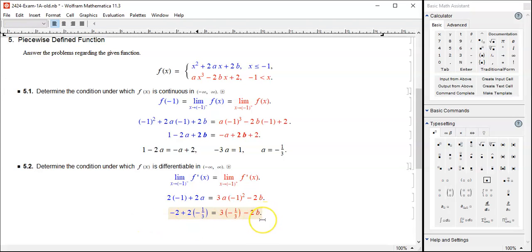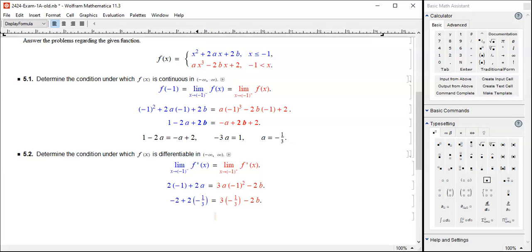Yeah, from here we can find out b value as well. Let's see, what do we have? Multiply 3 to each, so negative 6 plus 2 equals to 3 minus 6b.